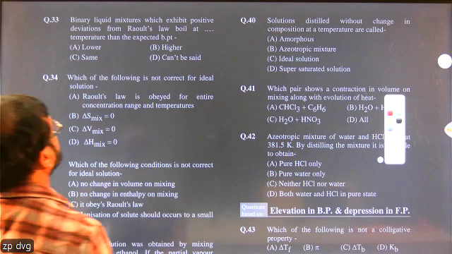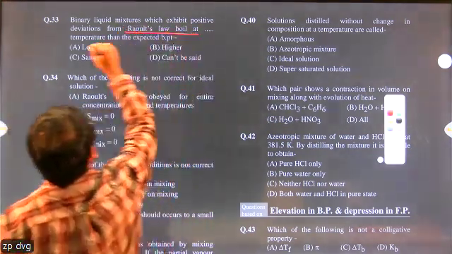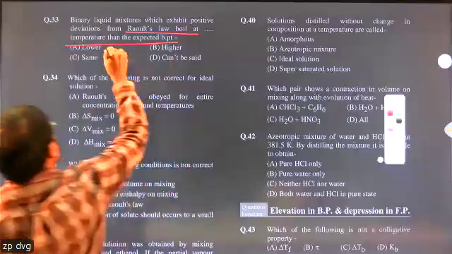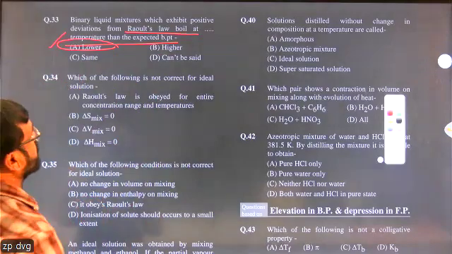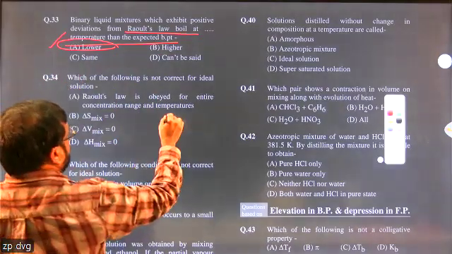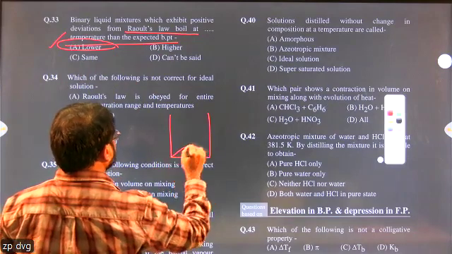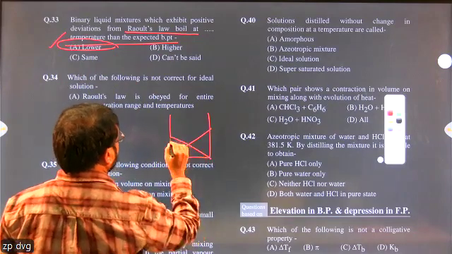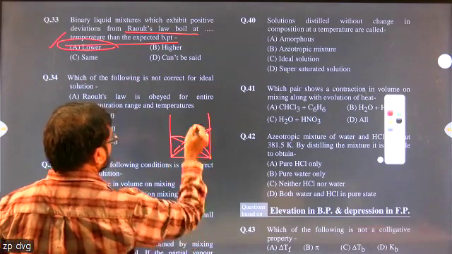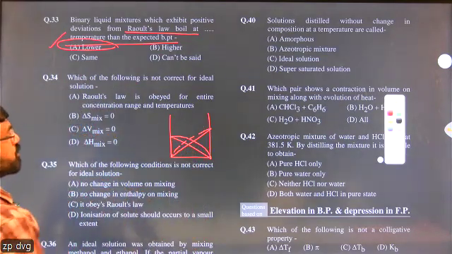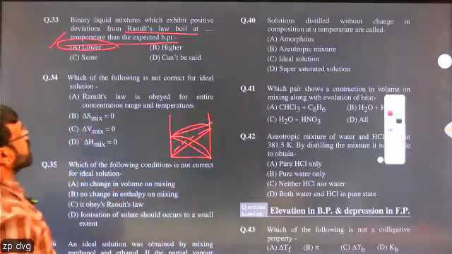They are going to boil at a lower temperature than expected. If a solution exhibits positive deviation from Raoult's law, its vapor pressure increases, so its boiling point decreases.